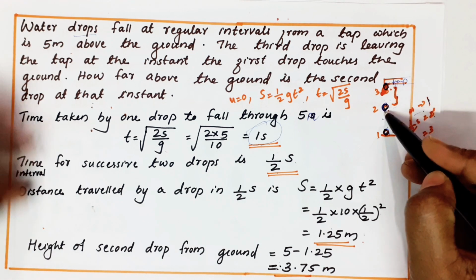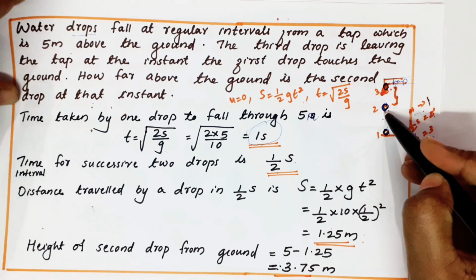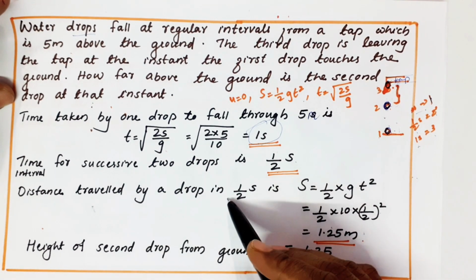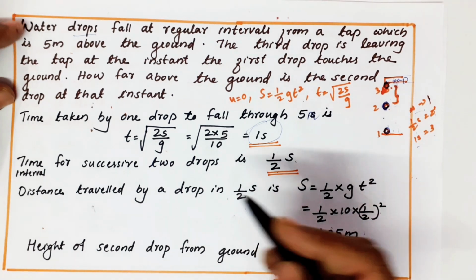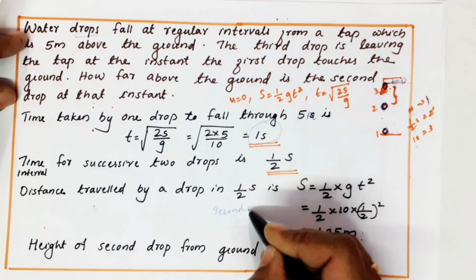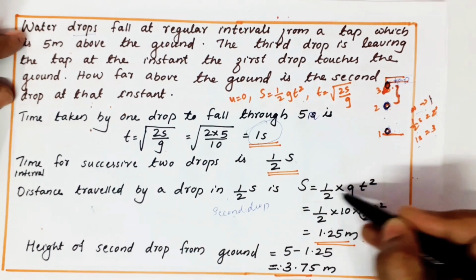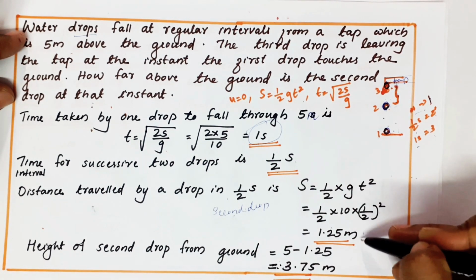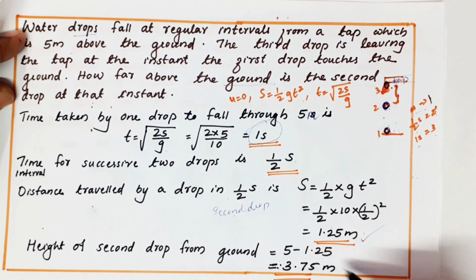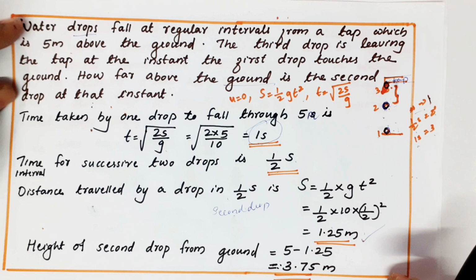So how much time has the second drop already traveled? Half second. So I should calculate distance traveled in half second by the second drop. I can take here half g into t square. Why we are not taking this distance? They are asking the distance from the ground. So 5 minus 1.25. That is 3.75.